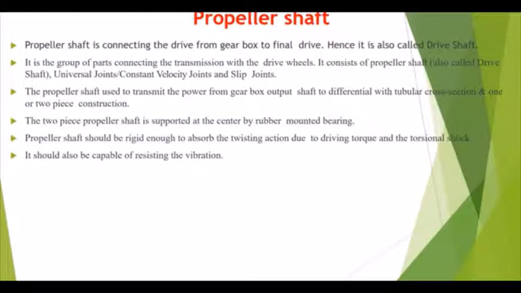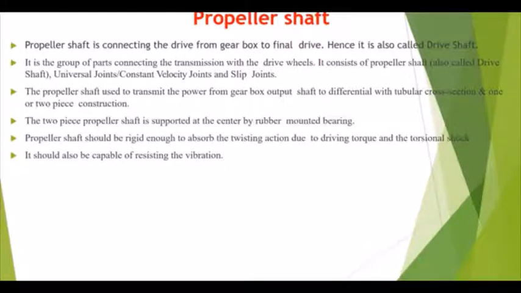This propeller shaft is rigid enough to absorb any kind of twisting action from the driving torque, and any torsional shocks or vibrations provided will be absorbed by this propeller shaft. The material of the propeller shaft should absorb this torsional vibration.